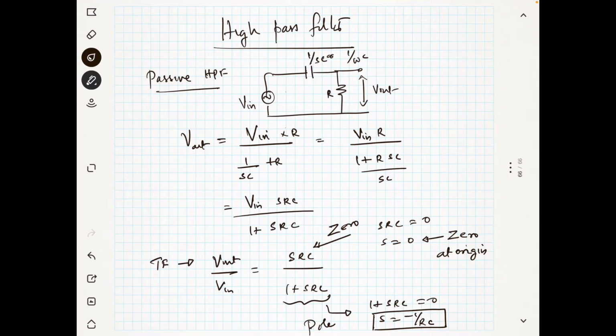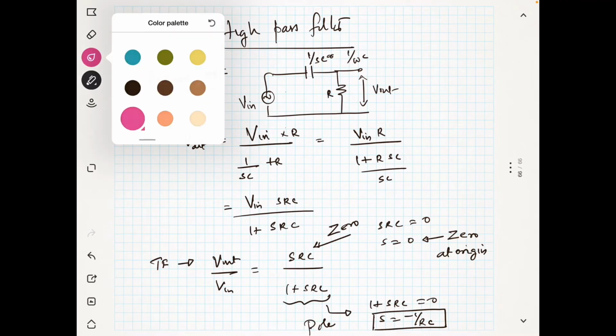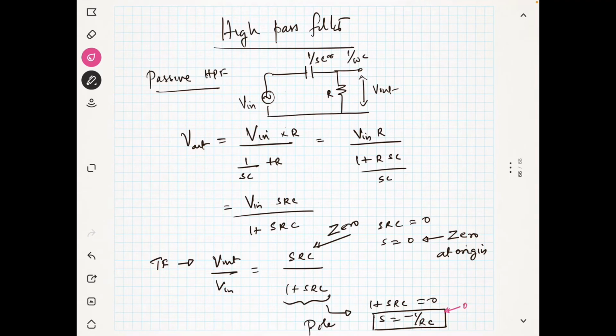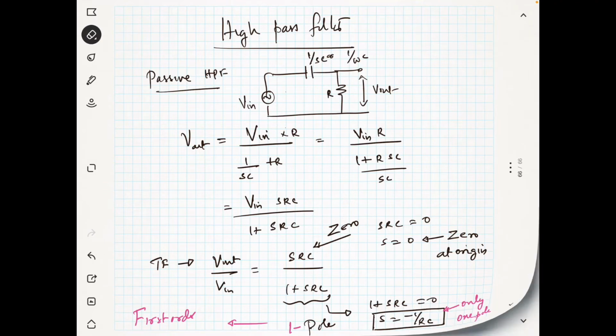You should know that this is a first order filter because there is only one pole. So what is the slope you can expect? You can expect minus 20, but here it is plus 20 because it is a high pass filter. We will see the response now.